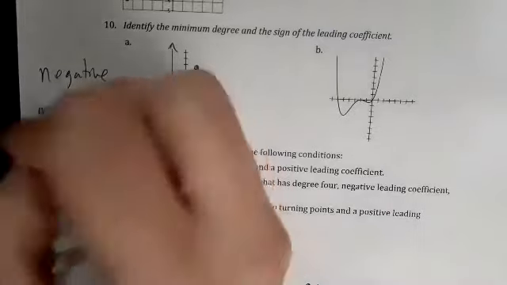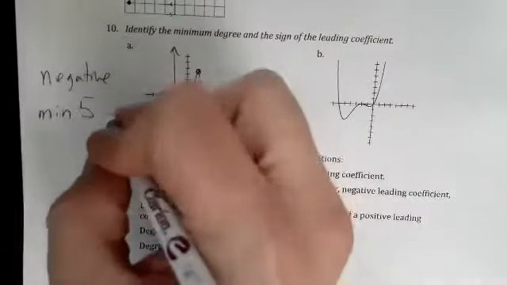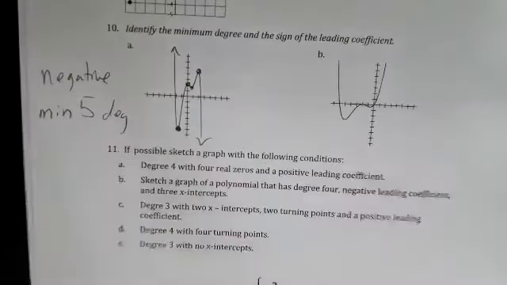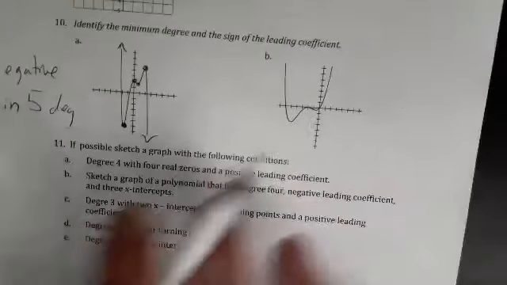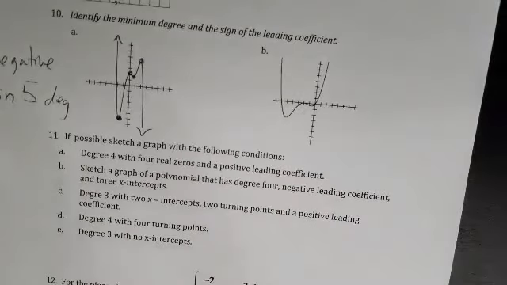You've got to do turning points plus 1, which will give you degree 5. And on part B, is the leading coefficient positive or negative? Positive.